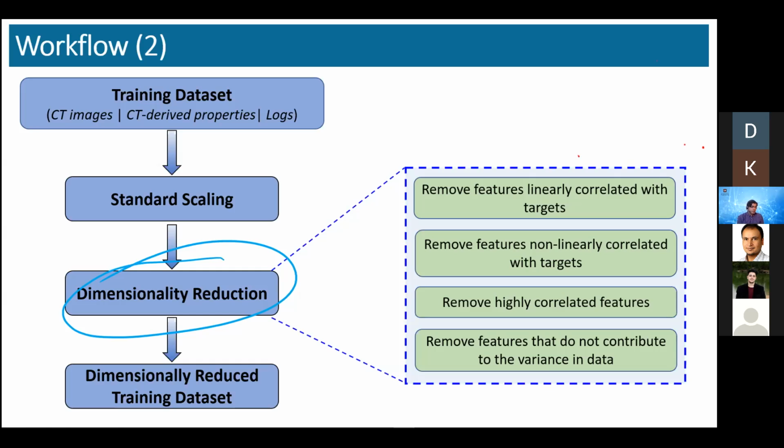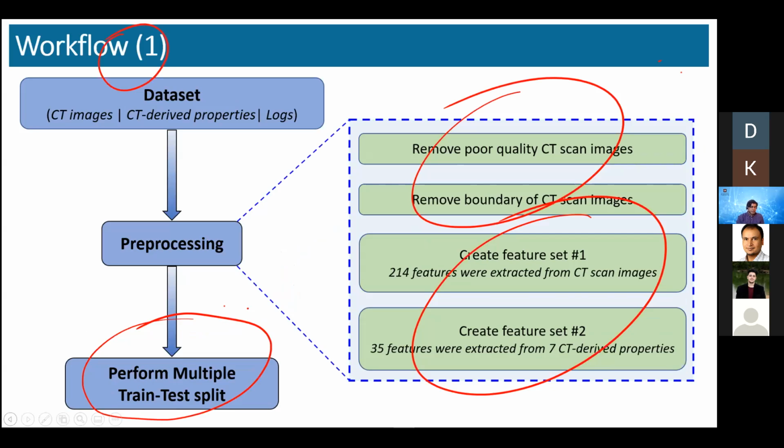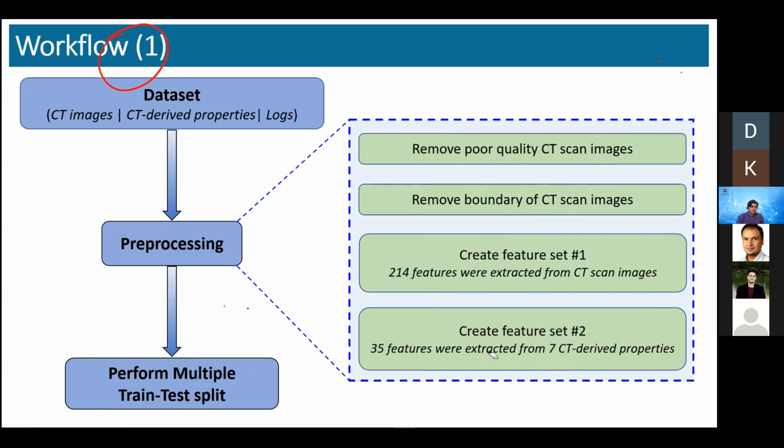Remember, we started off with raw data. From the raw data, we performed feature extraction. When we performed feature extraction, we generated 214 features.